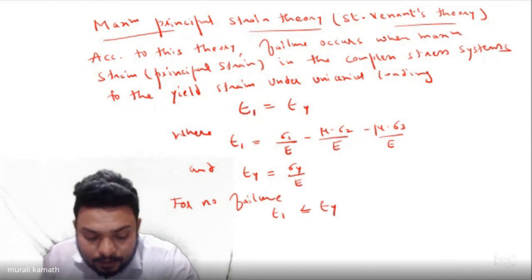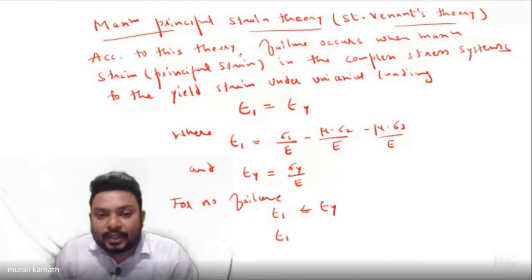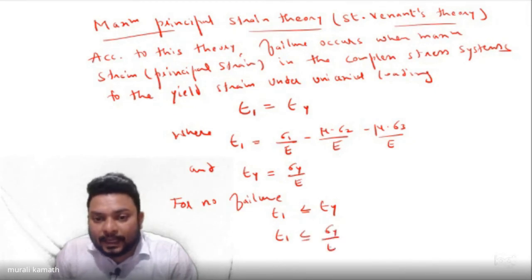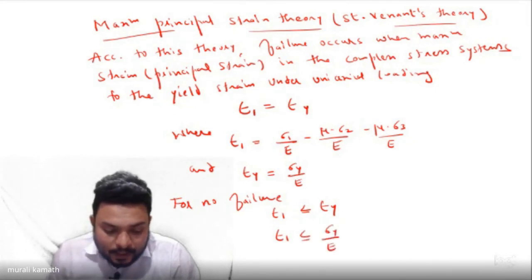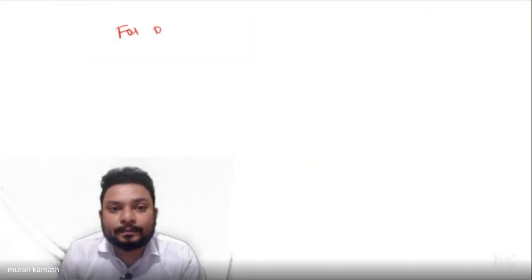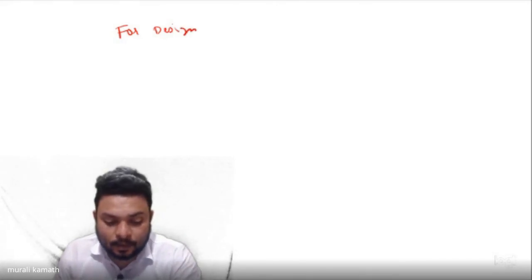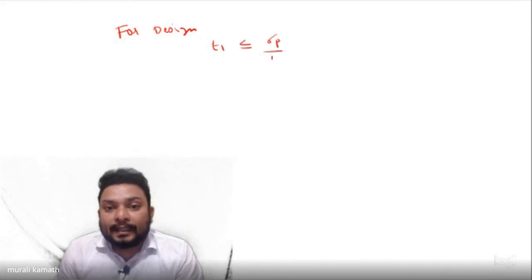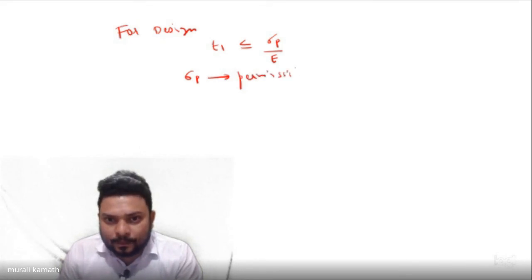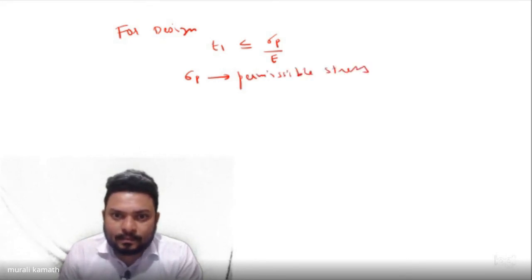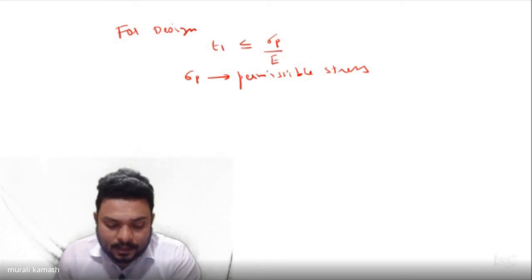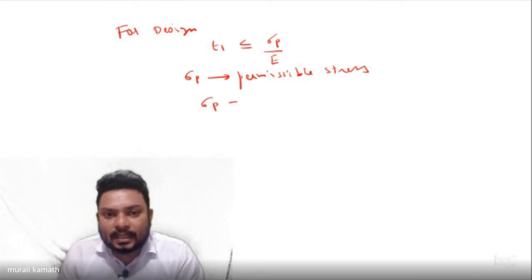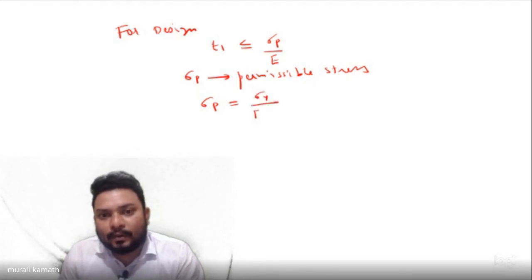Okay, and that time the strain will be sigma y by E. And for design purpose, that strain will be less than or equal to sigma p by E, where sigma p over here is the permissible stress. And how you can calculate permissible stress? Sigma p will be equal to sigma y upon factor of safety.